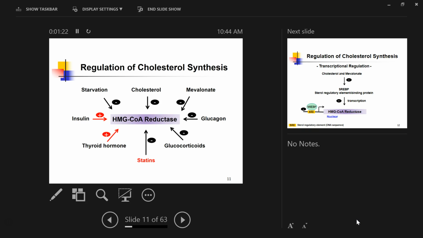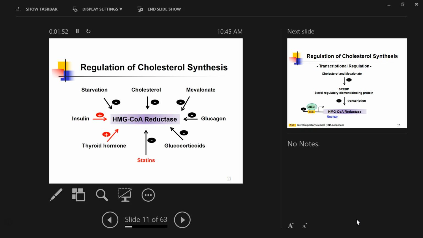And here is the slide for the regulation of cholesterol synthesis. So, for example, under the fed condition, insulin upregulates and can increase the cholesterol synthesis, and also thyroid hormone is a positive regulator of cholesterol synthesis.